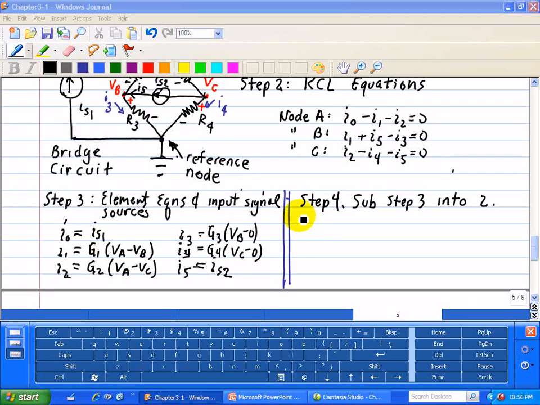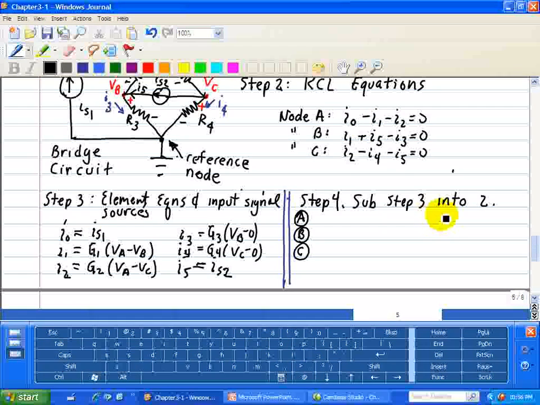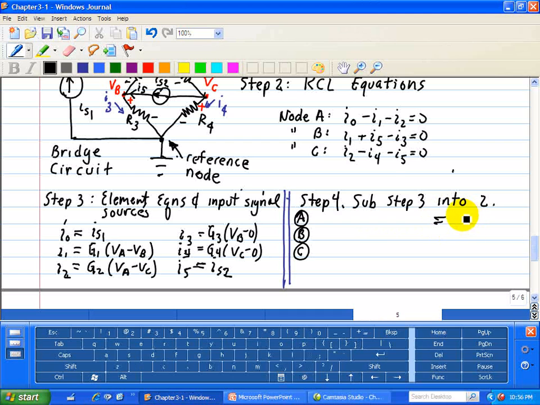Alright, so node A, then node B, and then node C. In node A we have I0. Now we'll put I0 on the right side, so our independent source goes on the other side. That's just IS1. And then putting I1 and I2 on the other side makes them positive.